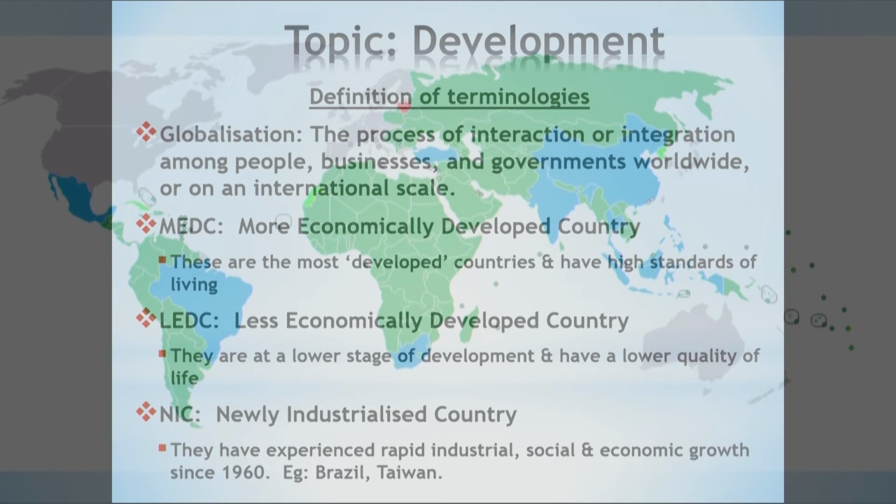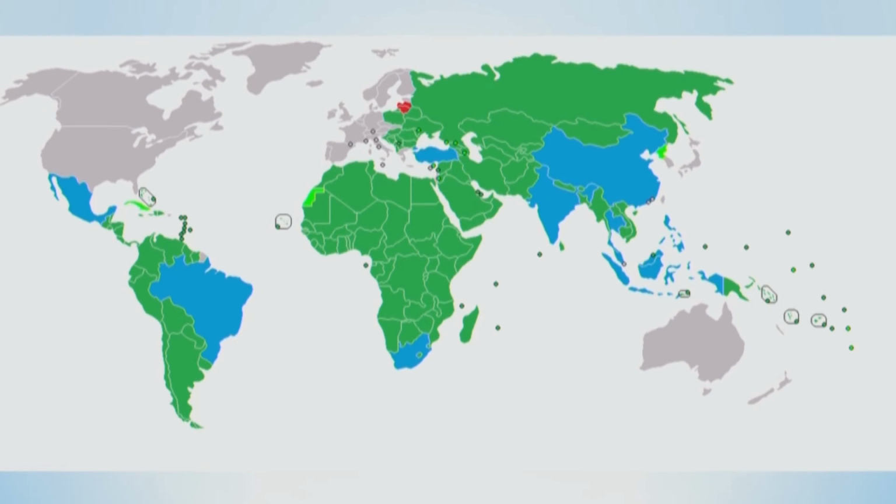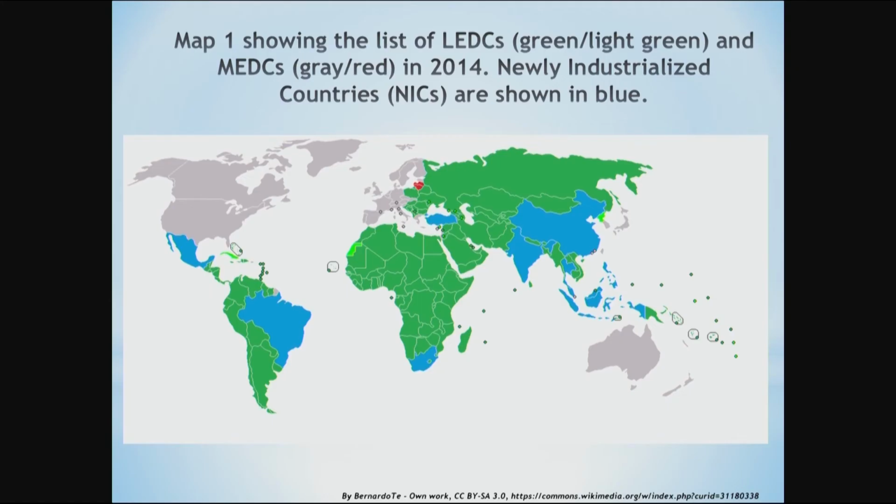So we are going to see on our map, map 1, where these LEDCs and MEDCs and NICs are. If we look at our map, we can see in light green and green that it's a lot.